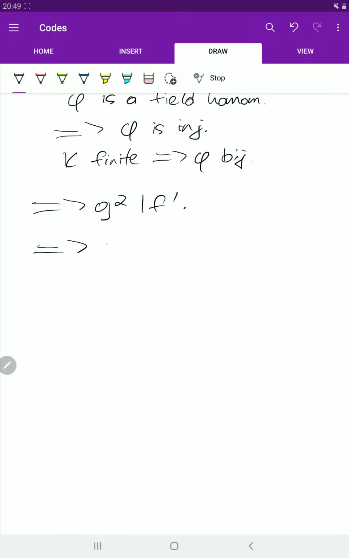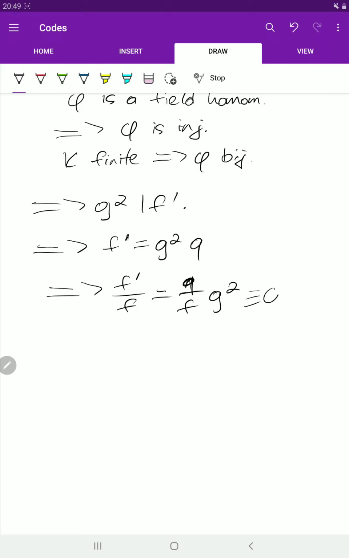So f prime is g squared times some q, and so we get f prime over f is equal to q over f times g squared, and this is 0 modulo g squared.